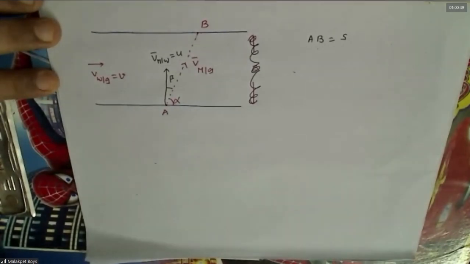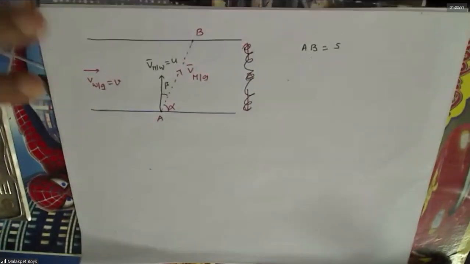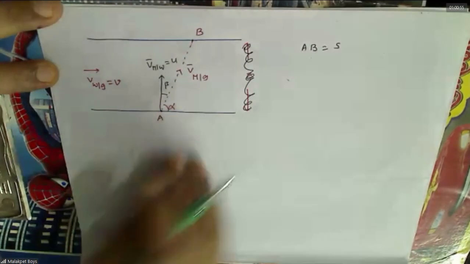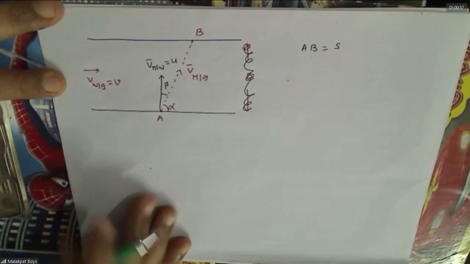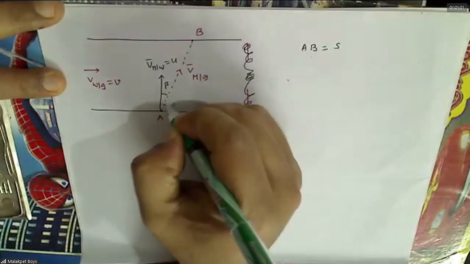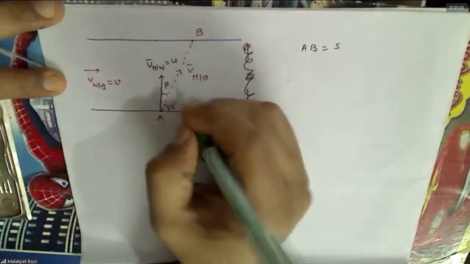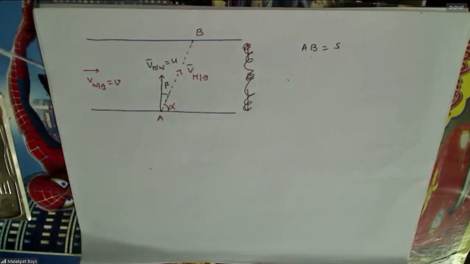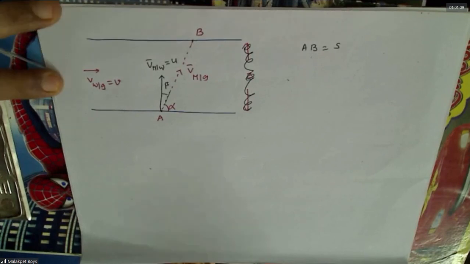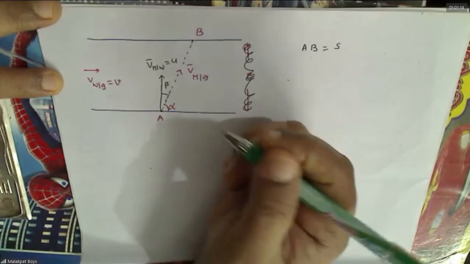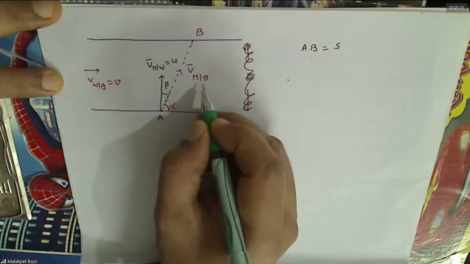Okay. Now, simplifying things, we can choose axes in any way, no? Sir, we can also take the direction at an angle theta so that AB is perpendicular.